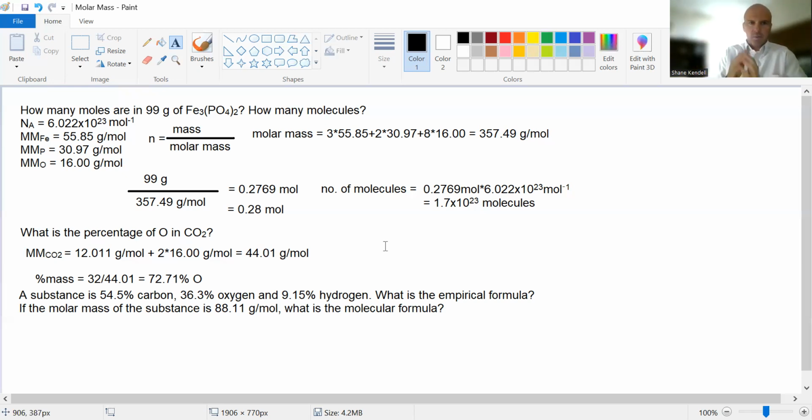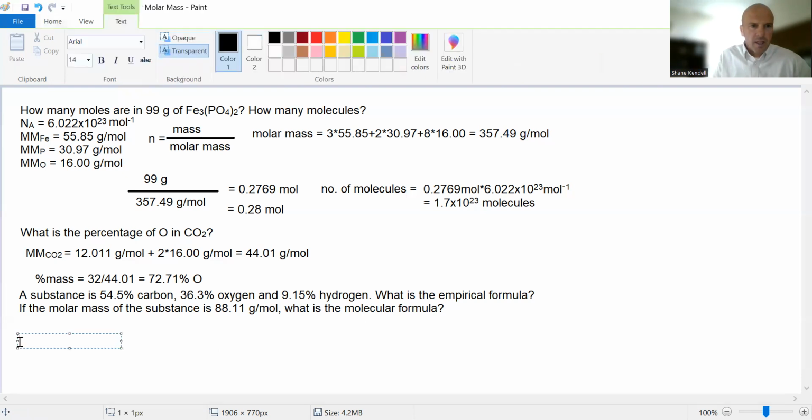And so here we're going to look at a mass going back to a molar ratio in order to understand what the empirical formula is going to be. So again, I'm just going to assume 100 grams. Maybe I'll write that in there so that it's explicit. Okay, so we'll assume 100 grams mass.